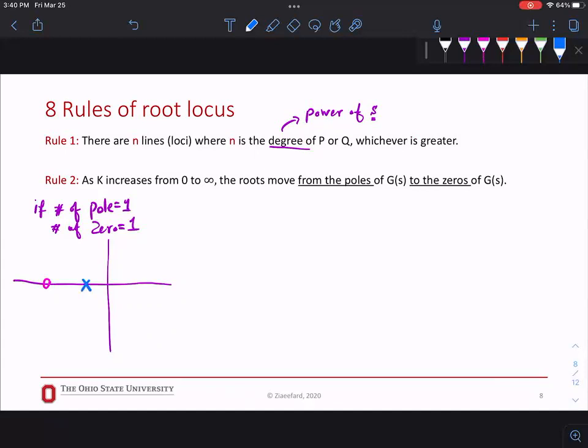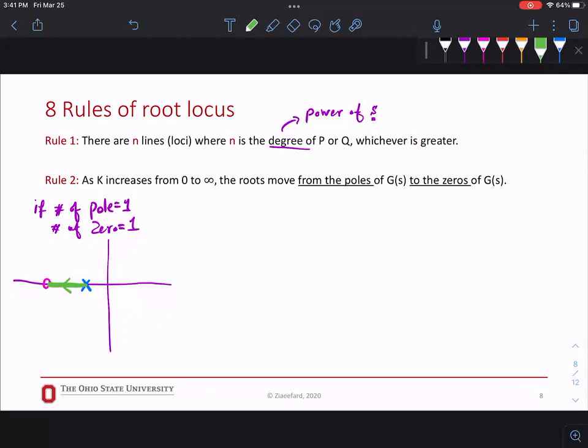First of all, if the system has 1 pole and 1 zero, how many loci does the system have? 1. They're both equal, right? So I would expect 1 line only. That line goes from the pole to the zero. Pretty simple. That's the root locus, and you put the direction so you know it's going from the pole to the zero. Cool. That could be a system, and that's the root locus. Pretty stable, everything looks good.